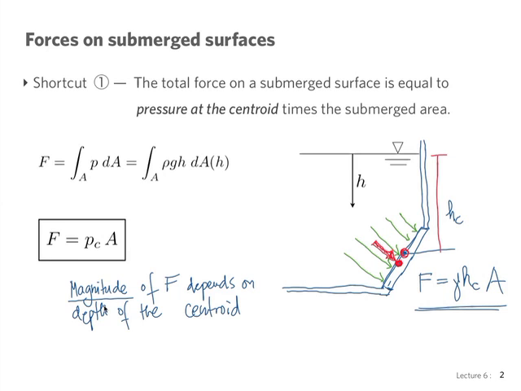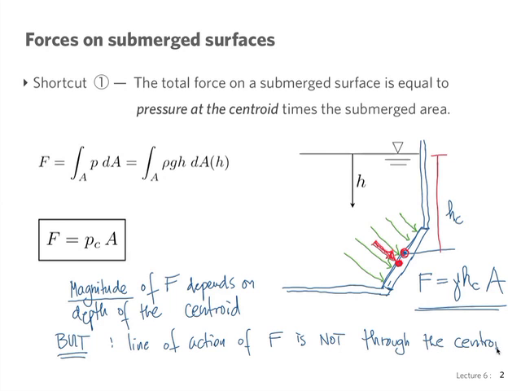The magnitude of the force depends on the depth of the centroid. But the line of action of F is not through the centroid. It is through what we call the center of pressure.